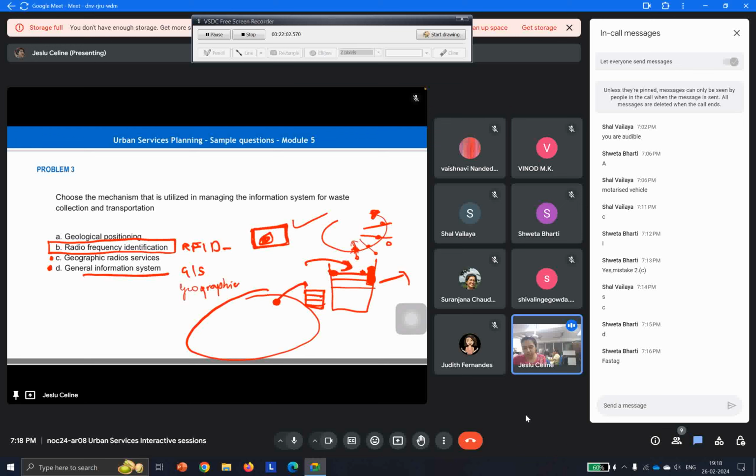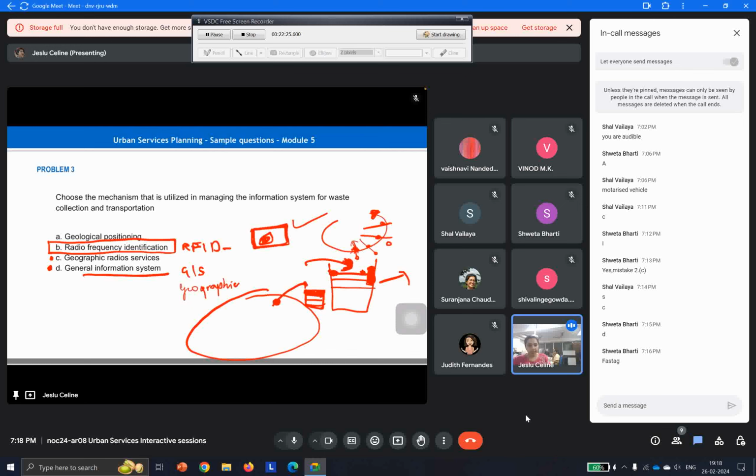So again, the information from this RFID tags can be input into these GIS systems, where under each region, you know what is the frequency, what is the weight of the waste which was collected, what is the composition of waste. So all that data can be stored in a map, in a spatial map. So that's a GIS system, or a geographic information system.